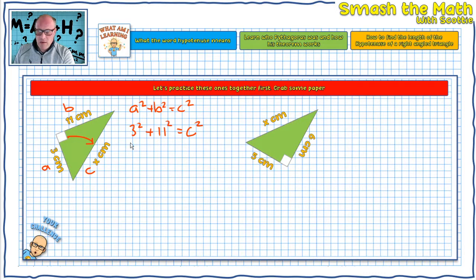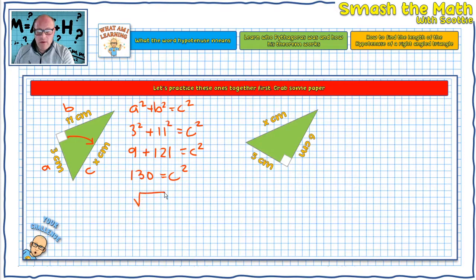Okay, so we can work these out. 3 times 3 is 9, plus 11 times 11 is 121. Add those two together, it's 130. So C squared is 130, but remember we just want the length of this side, not the square of it.